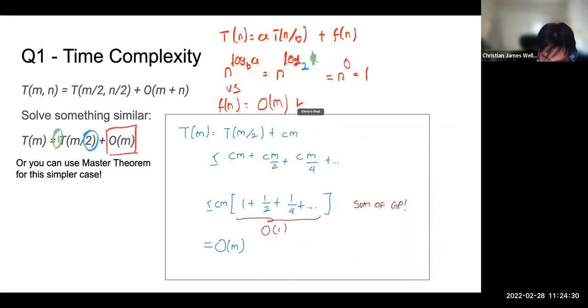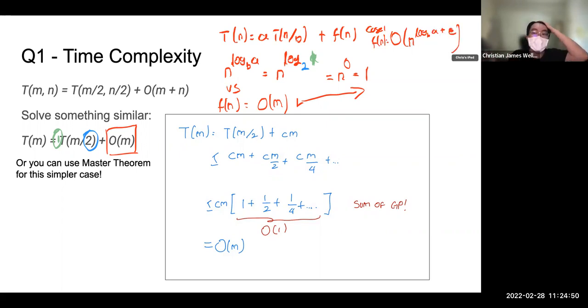How do these two compare? There are typically three cases to compare. I forgot the ordering, but I think case 1 is to show that f(n) equals O of n to the log base b of a minus epsilon, for some epsilon greater than 0.